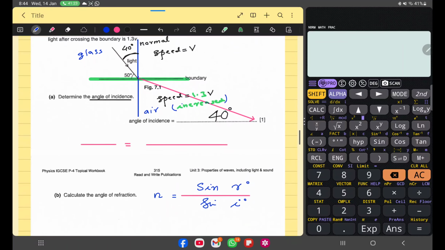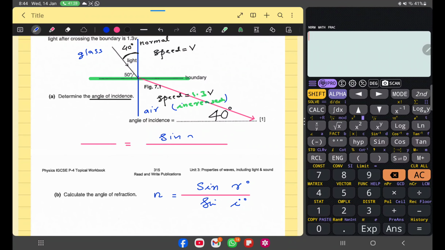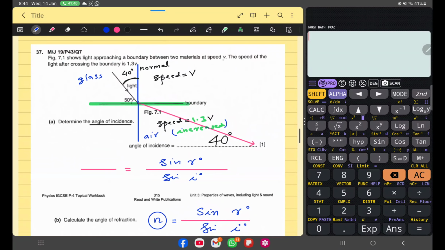Rafe, sine R upon sine I is decided. On the left hand side, the refractive index is not given. We are given the speed: speed of light in air divided by speed of light in the other medium. Then what should I write here? Rafe, it is a very difficult question, that's why I am asking you.